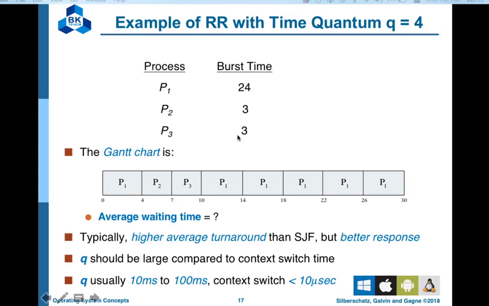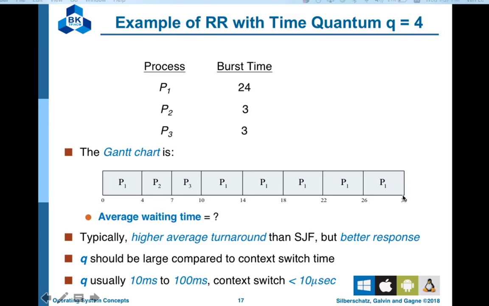B3 needs only 3 milliseconds, so B3 finishes at 10 and releases the CPU. Now the CPU is allocated to B1, and B1 uses another quantum time from 10 to 14. The next quantum time is from 14 to 18, until finishing.